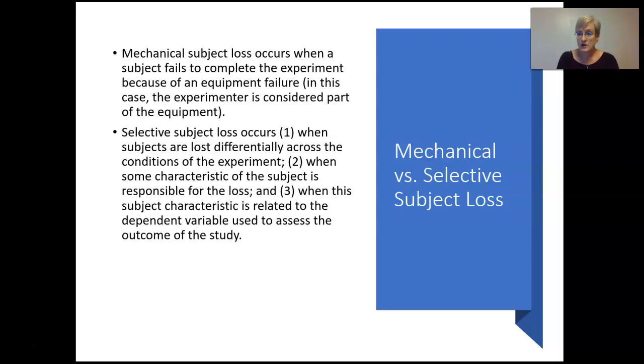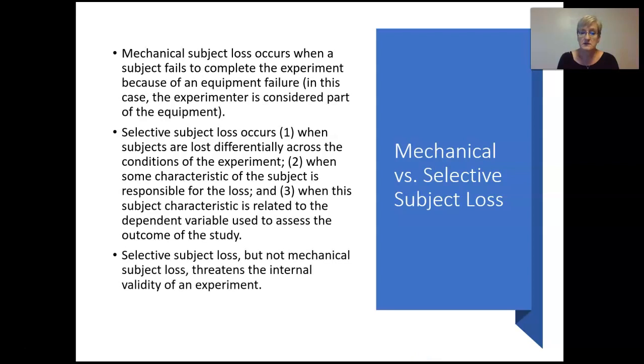They are more likely to drop out of a multi-stage project than subjects who have more time. So it's a different factor associated with those subjects that makes it more likely for them to no longer participate. There can also be certain characteristics of subjects that are themselves related to the dependent variable, and that can be a source of subject loss as well.